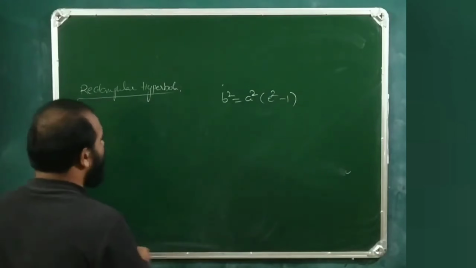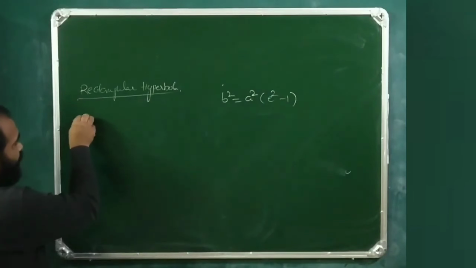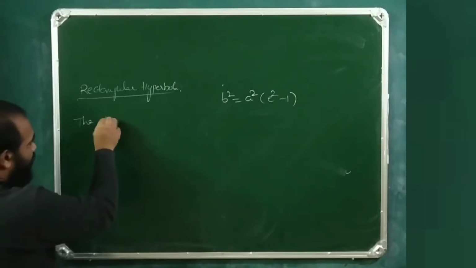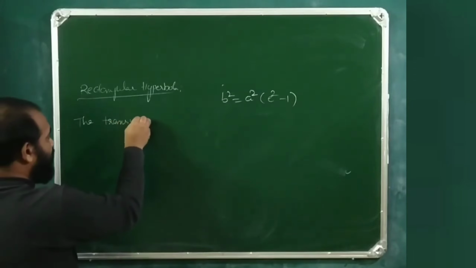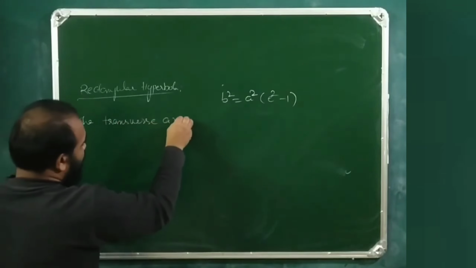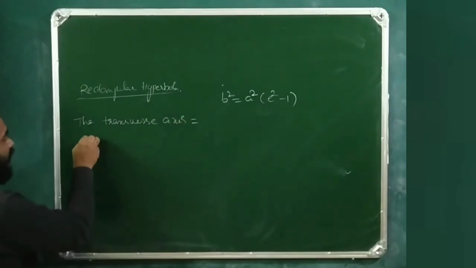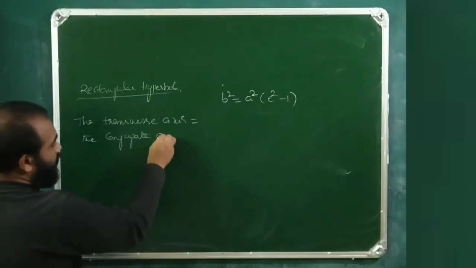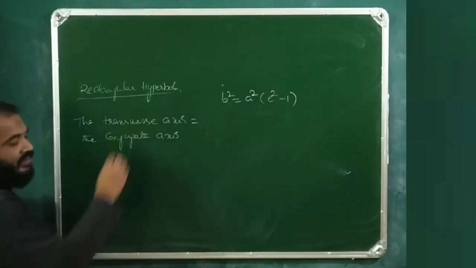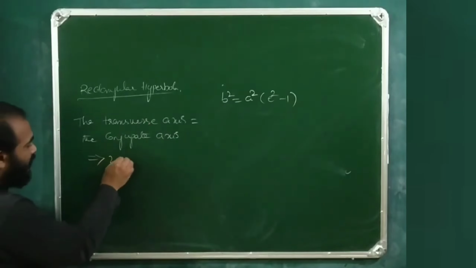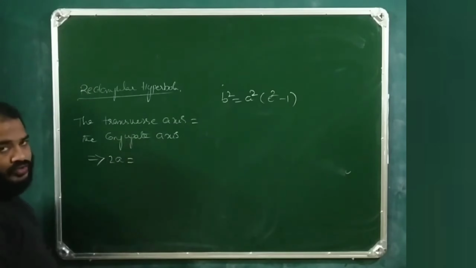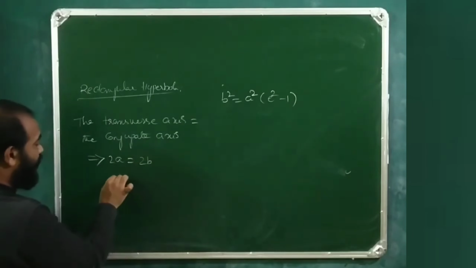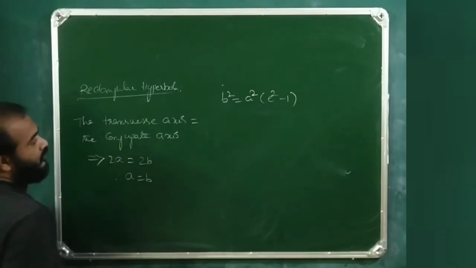Here the transverse axis equals the conjugate axis. So the length of the transverse axis is 2a, and the length of the conjugate axis is 2b. From this, a equals b. So substitute here.